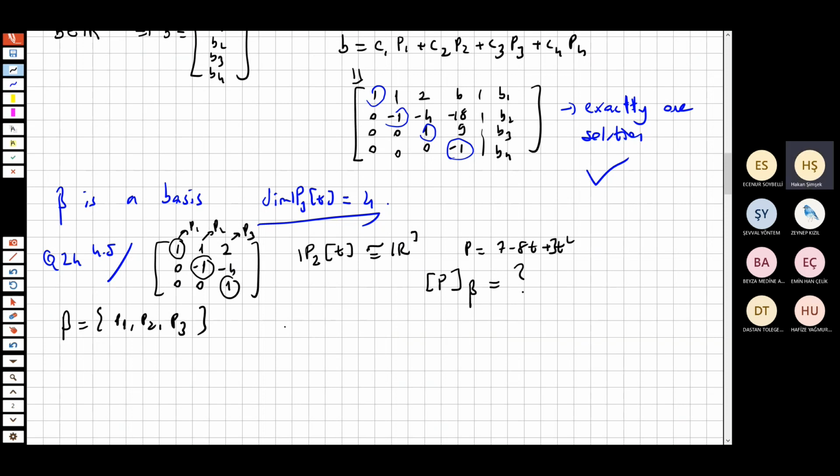And the coordinate vector of the given polynomial will have the entries C1, C2, C3, if you remember, such that polynomial P given here will be a linear combination of the vectors in the basis.